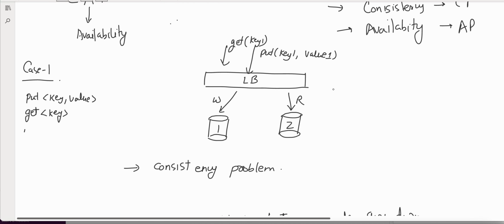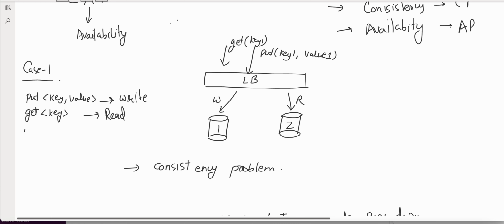As I said, this is mostly applied to a distributed system where you have more than one node. Let's take a simple example of distributed data storage. You have two nodes, node 1 and 2, which are taking traffic for get and put. Put is basically to write and get is to read.